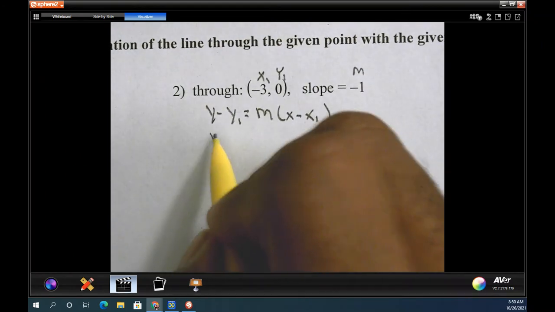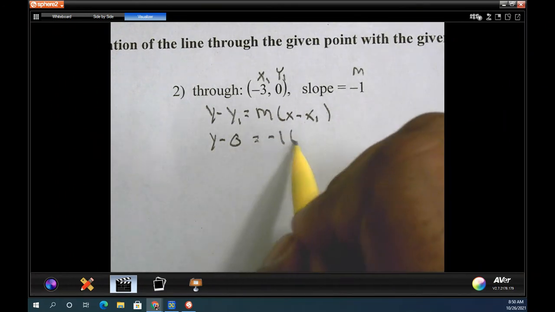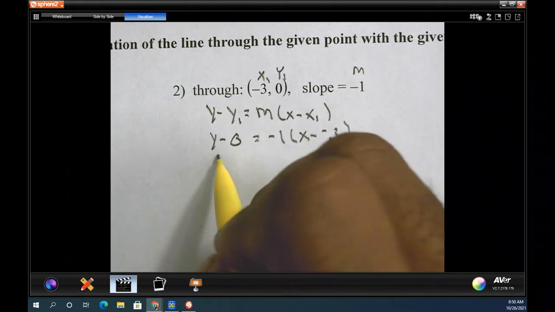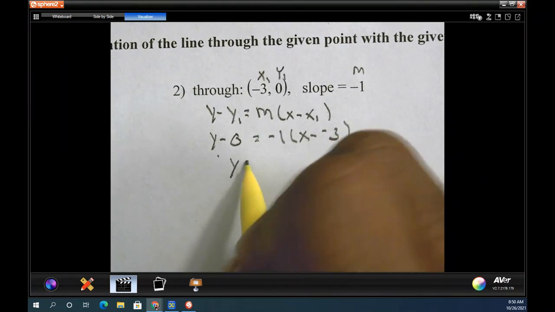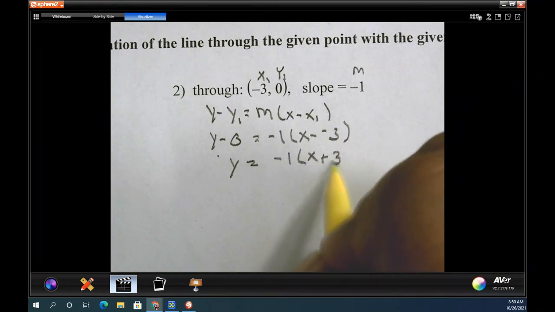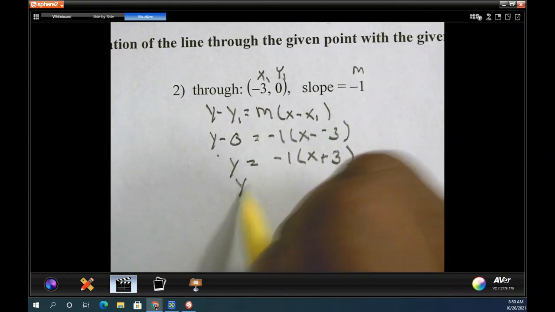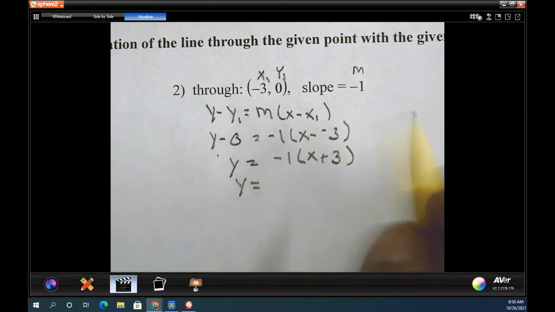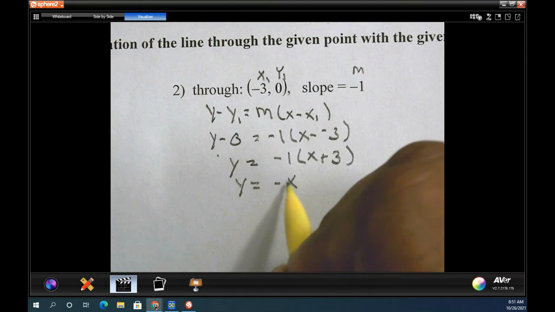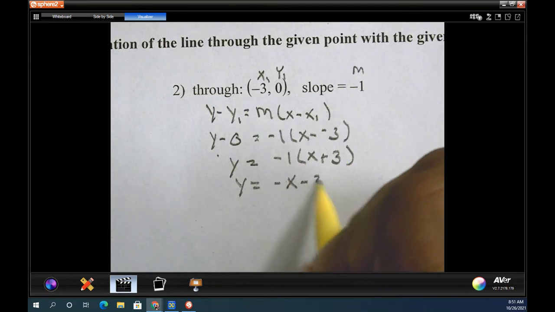So this is y minus 0 is equal to negative 1 times x minus negative 3. That's going to change to a plus. Let's go ahead and drop the 0. Negative 1 times x plus 3, minus a negative. Distribute. y is equal to negative 1 times x, which is just negative x. The coefficient is understood to be negative 1. Negative 1 times 3 is negative 3, so we write minus 3.